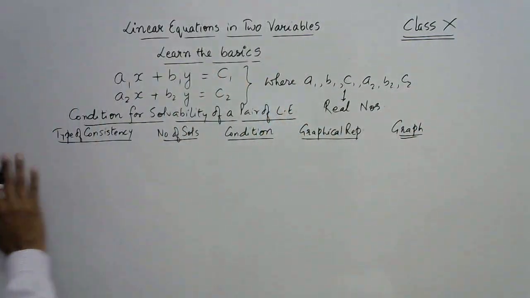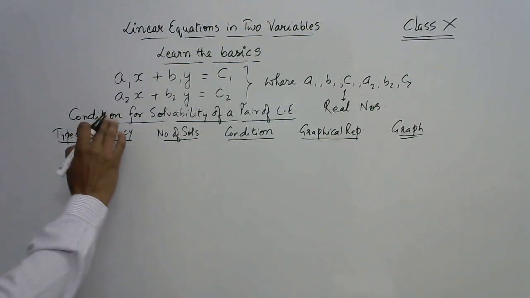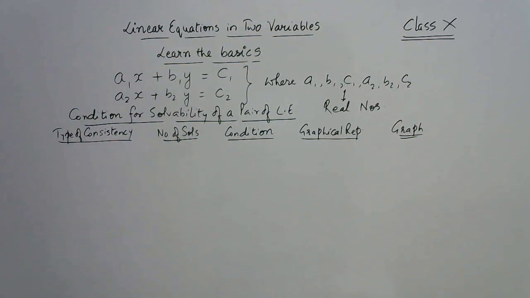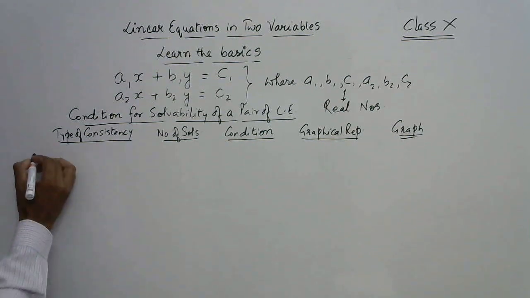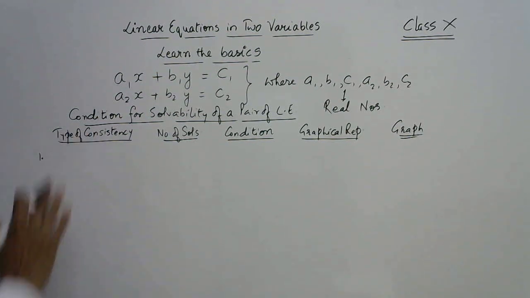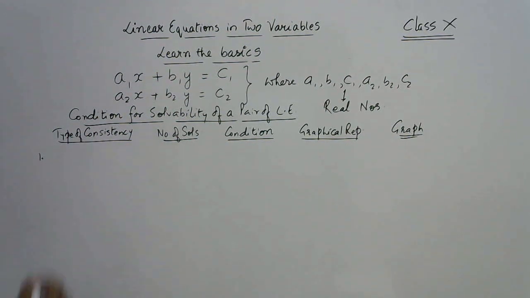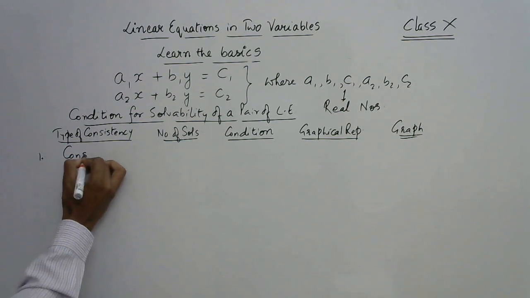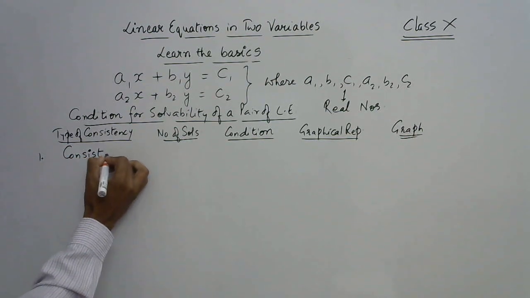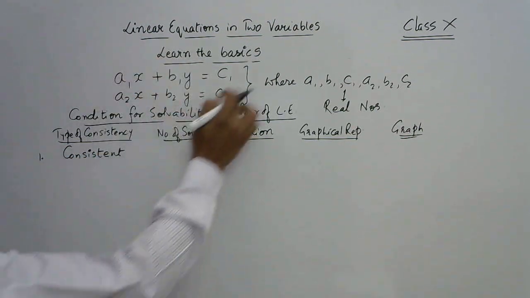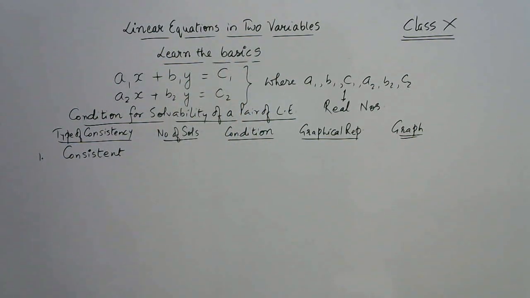Now when we talk of the condition for solvability of a pair of linear equations, the very first type of consistency is the consistent solution. The pair of linear equations is consistent. So when do we call a pair of linear equations consistent?